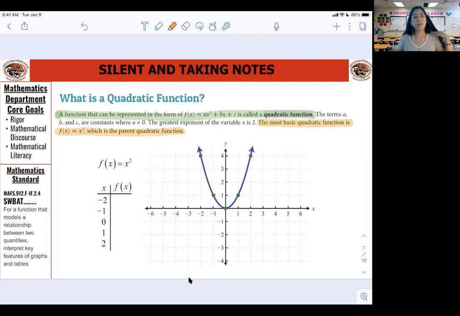Okay. So when you're done writing the definitions, basically everything that you see underneath, I want you to copy it exactly like you see it. So we're going to copy the equation, and that's our parent function.